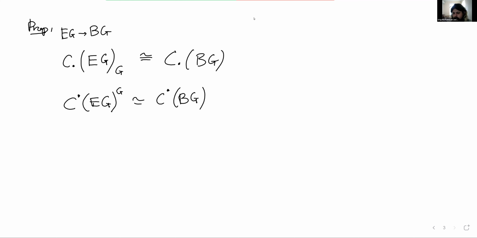No. If it acts on a point, then it's a model for BG, and if it acts on itself, then it's a model for EG. That's sort of intuitive, because you have only one point in BG, and for EG you deloop this point into paths between different points in G.